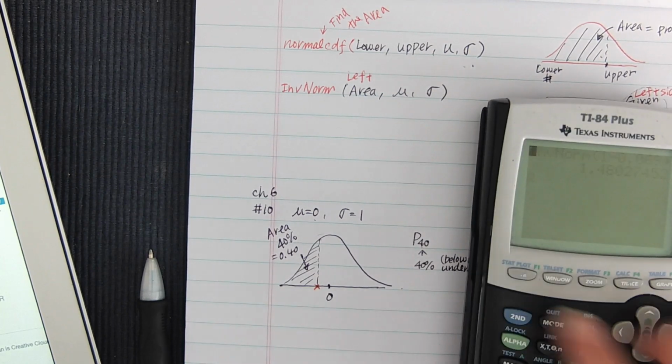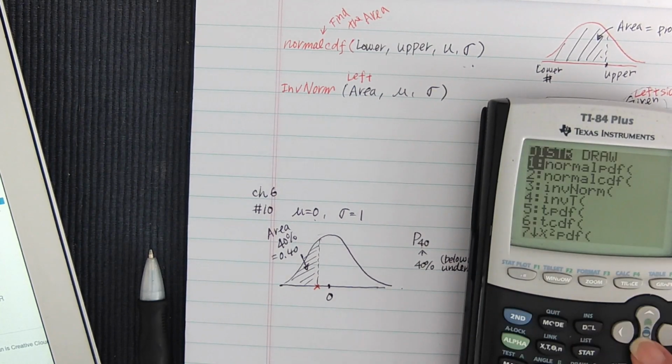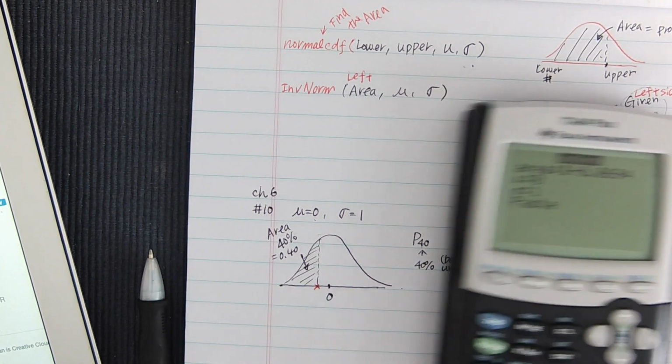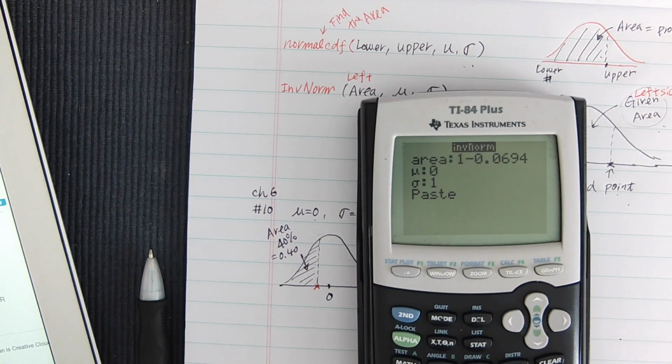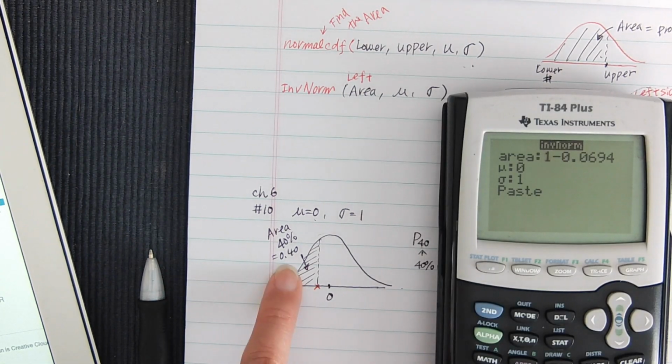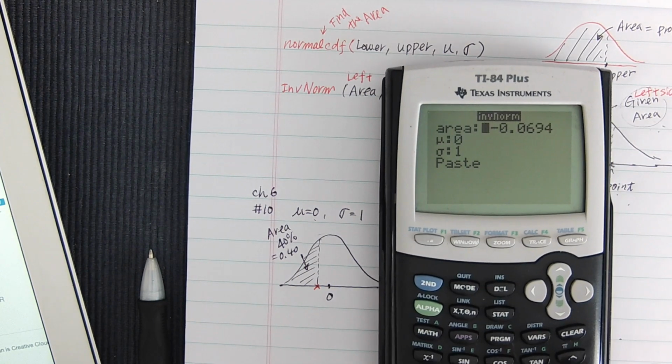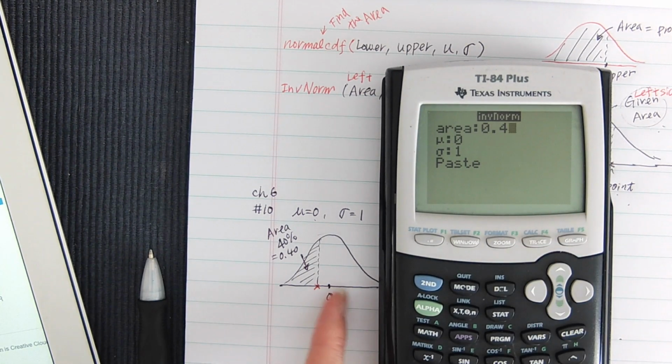So you're going to put inverse norm, and the area is, can you see that? 0.4, right? Because it's exactly my left side area. Left side area is 0.4, and then 0, 1.